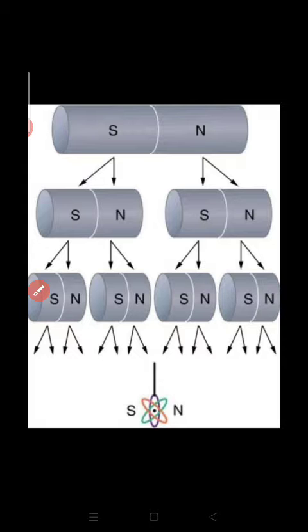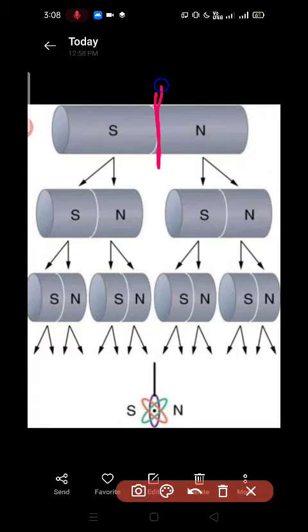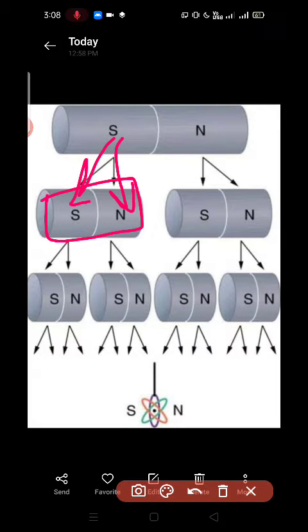Do you think that one broken part acts as a north pole and the other acts as a south pole? No. If you break a magnet from here, this part, the south pole side, acts like a complete magnet.